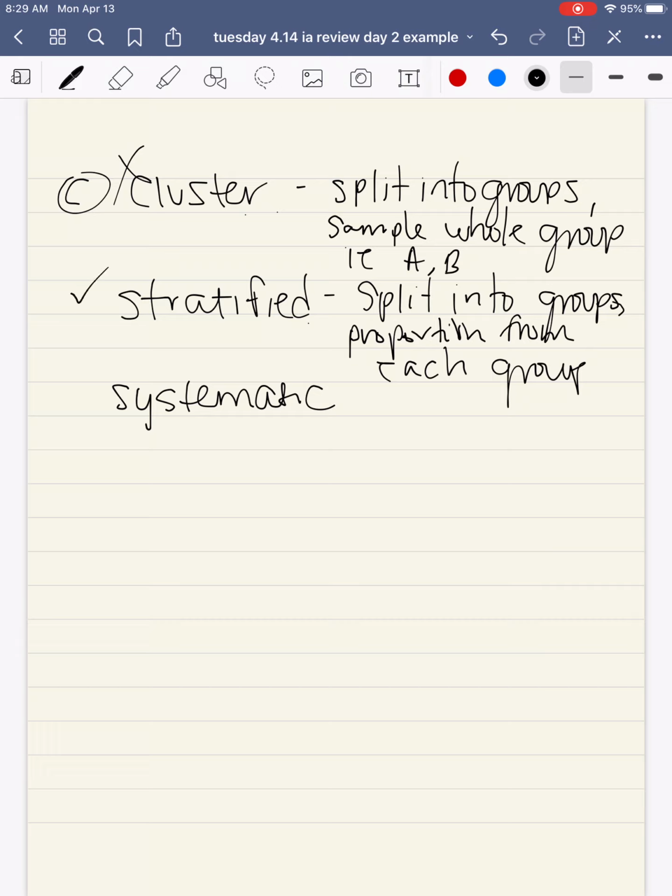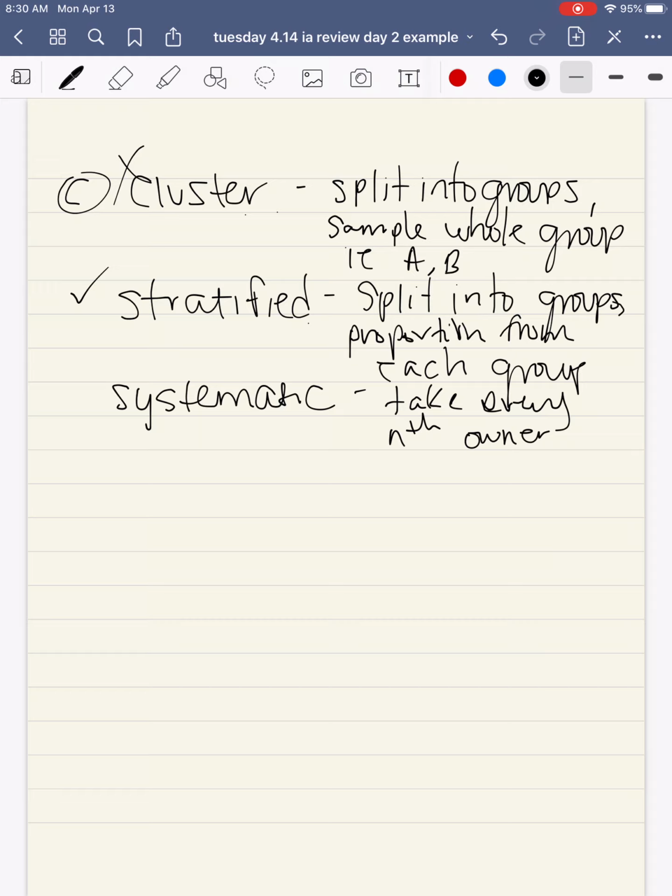But let's just look at systematic just to ensure that I'm not wrong. So let's look at what systematic is. So let's say we take every nth owner.